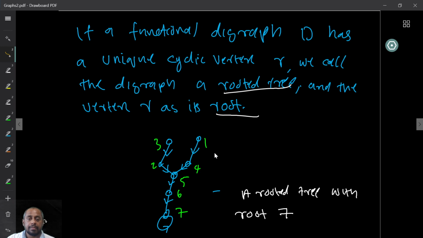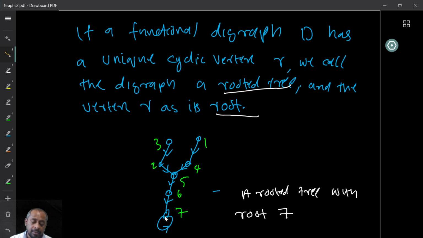Now, given a functional digraph, if it has a unique cyclic vertex, which let us call R, then we call the digraph a rooted tree. So given a functional digraph where there is exactly one vertex with a cycle, we call this a rooted tree.